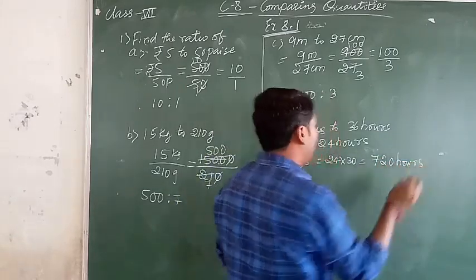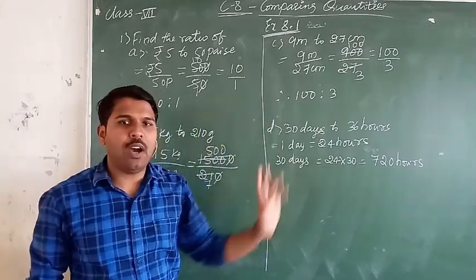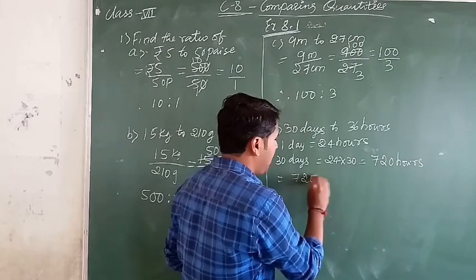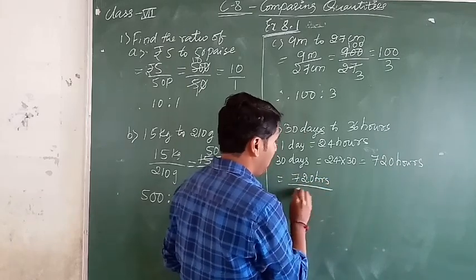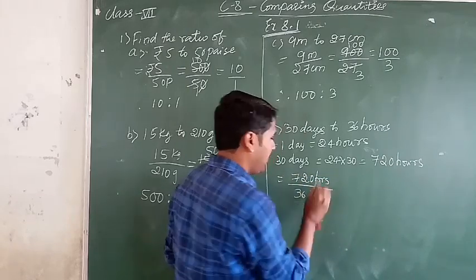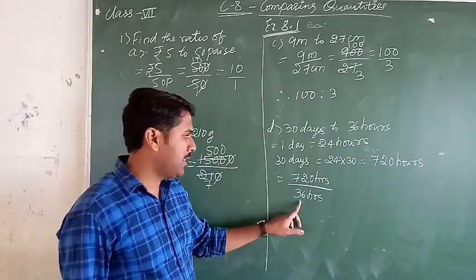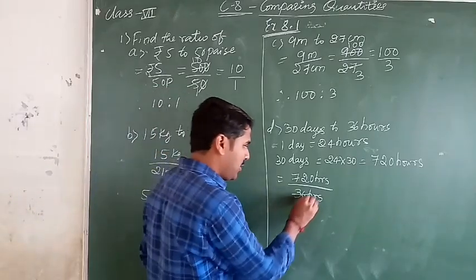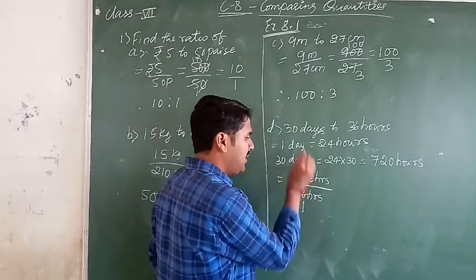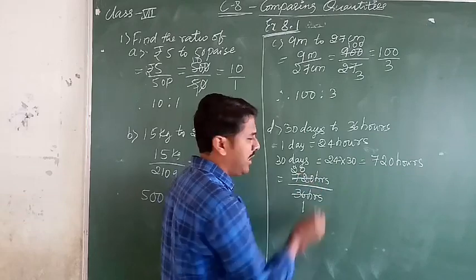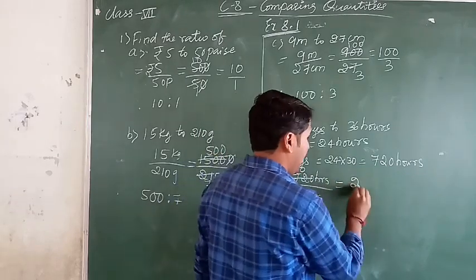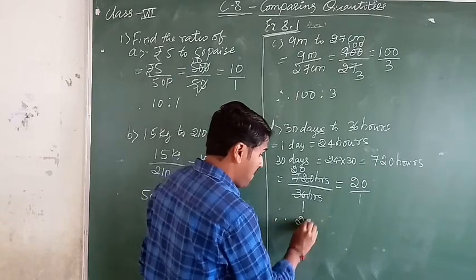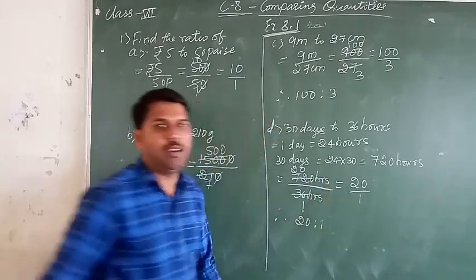So 30 days equals 720 hours. Now write down the ratio, 720 hours to 36 hours. 36 ones are 36, 36 twos are 72, and 0 is there, take it as 0. So 20 is to 1. Therefore the ratio is 20 is to 1.